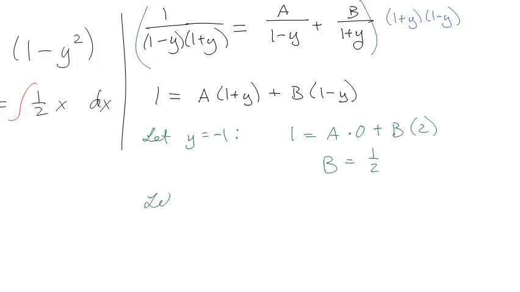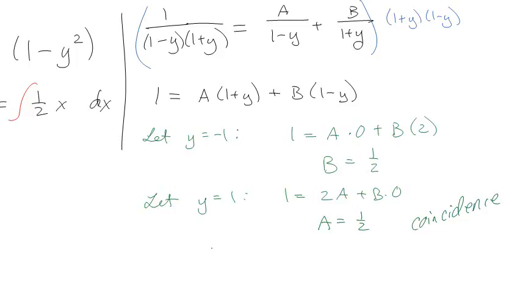And then if I let y equal positive 1, then I get 1 equals 2A plus B times 0, and again, A is equal to 1/2. That's just a coincidence. That doesn't usually happen, so don't get excited and think that if I solve for 1, it'll always be the same as the other one.